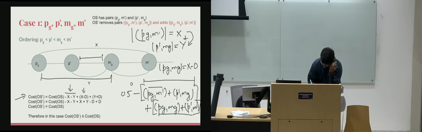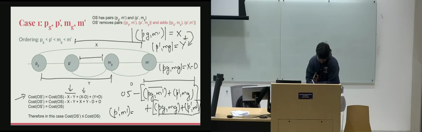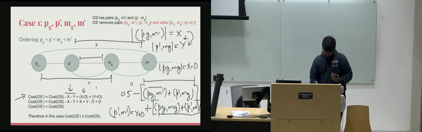And similarly, the difference between P prime and M prime is this term here, which is nothing but y plus d, which is nothing but this term.